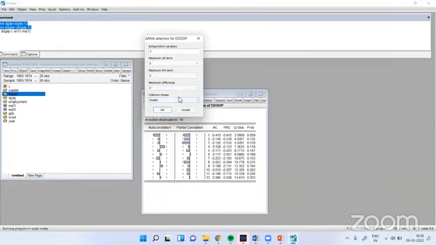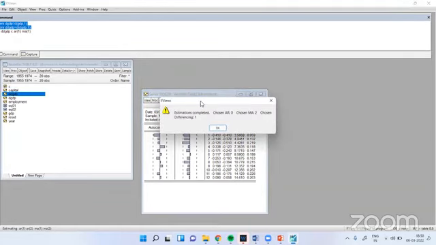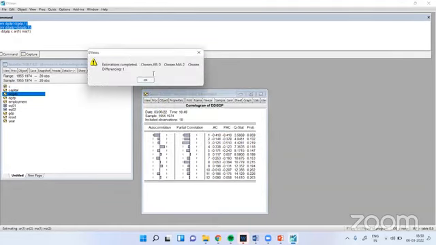And the best model should be selected on the basis of the Akaike information criterion, or you can change it to Schwarz or Hannan-Quinn criterion. Click OK. After this, it will immediately give you the result that, according to it, this is an AR0 MA2 process, chosen differencing 1. Is it clear?